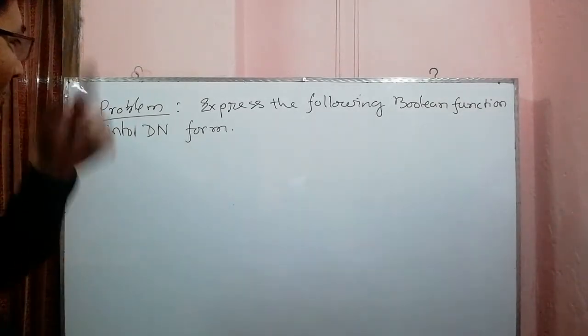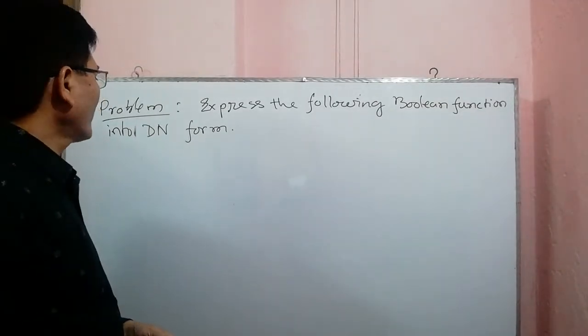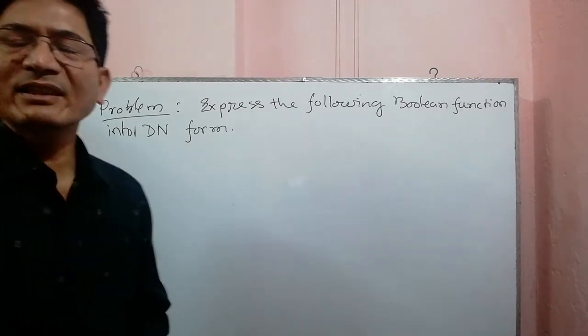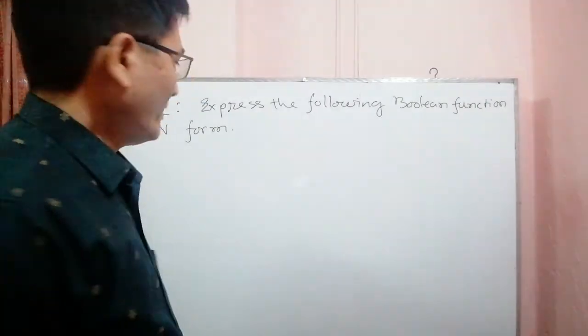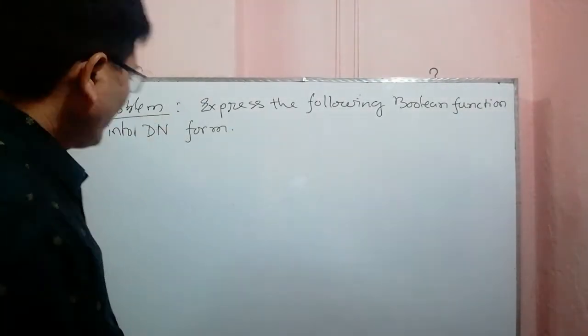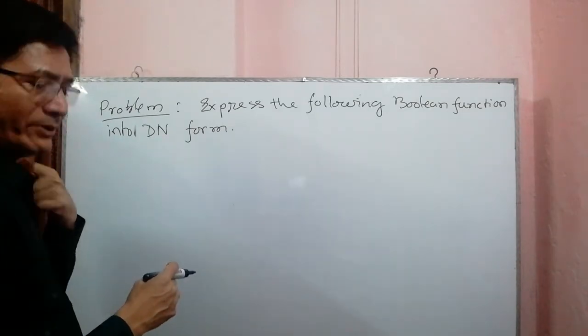Dear students, you have already been introduced to dn form. Dn form means disjunctive normal form. That is why it will not be problematic for you.